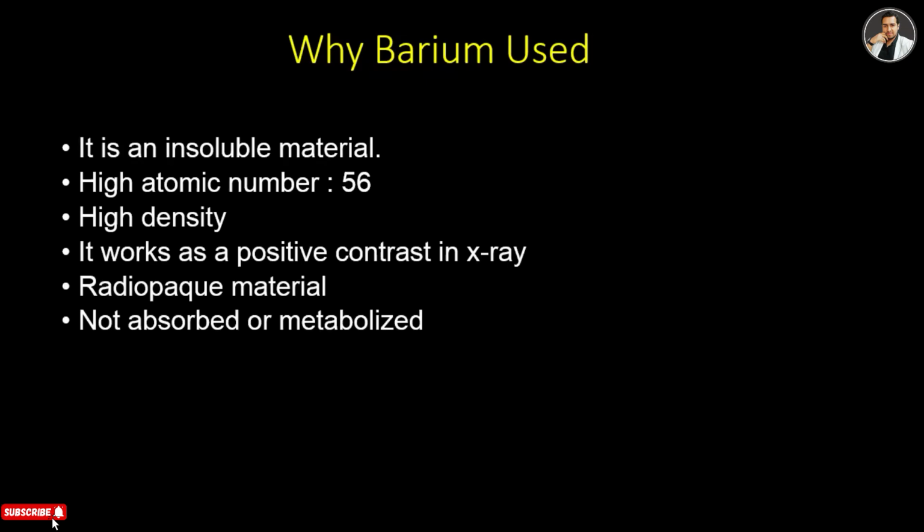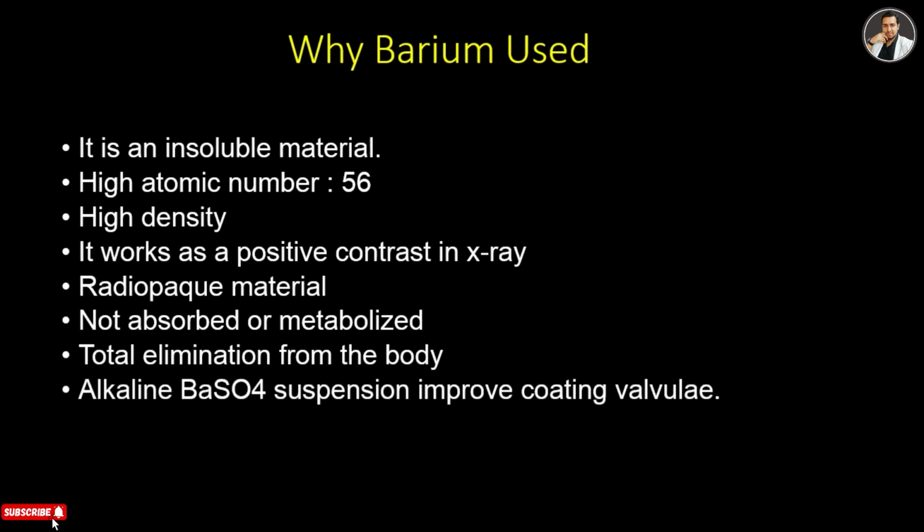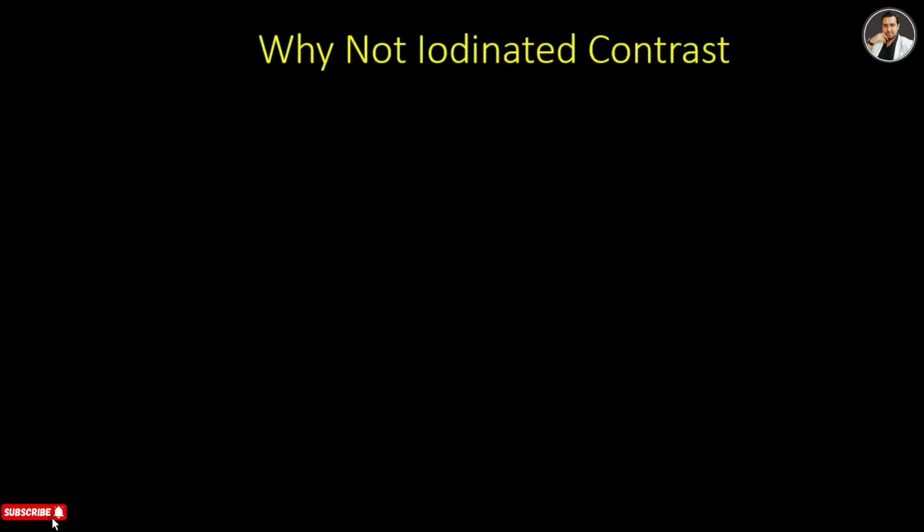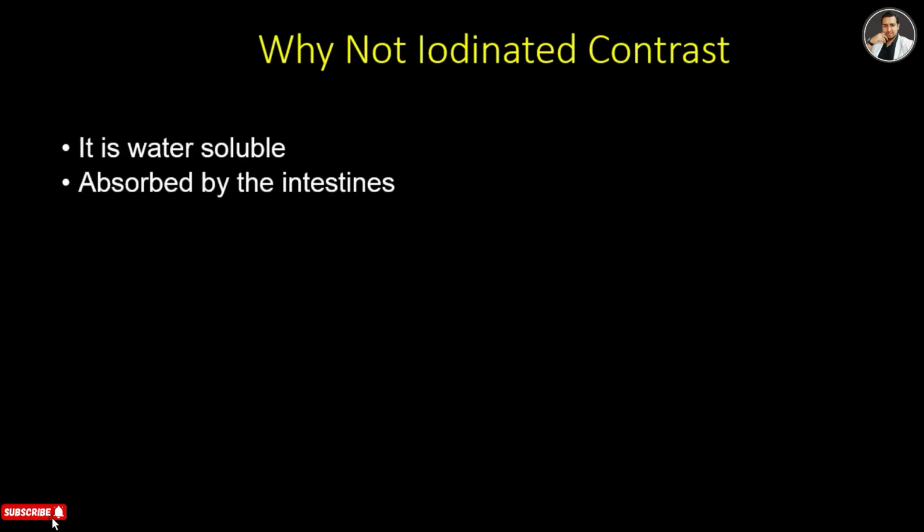And barium is not absorbed or metabolized in our gastrointestinal tract, and the barium sulfate is eliminated from the body, and alkaline barium sulfate suspension improves mucosal coating. So these are the reasons. And why not the iodinated contrast? Because iodinated contrast is water soluble and is absorbed by the intestine very quickly, and there are side effects of iodinated contrast.